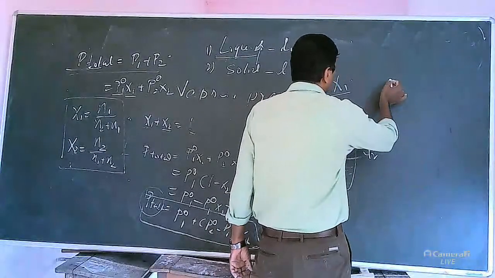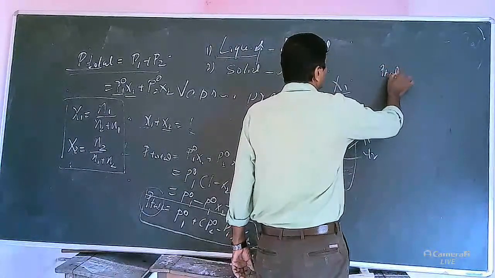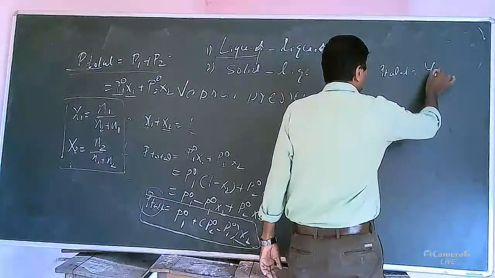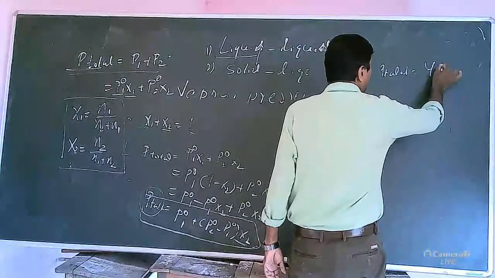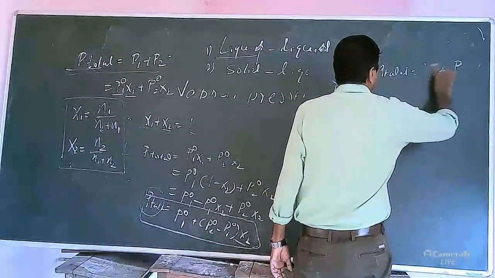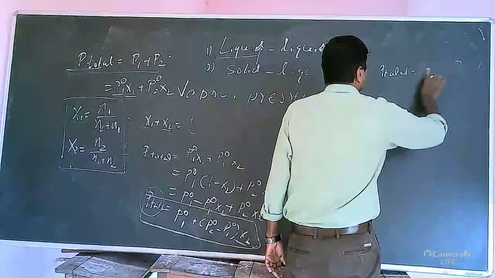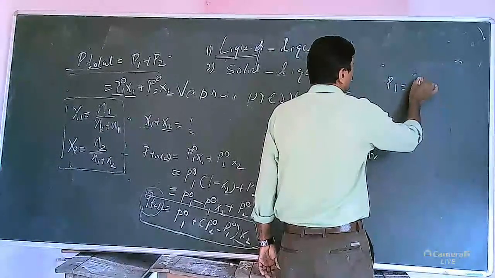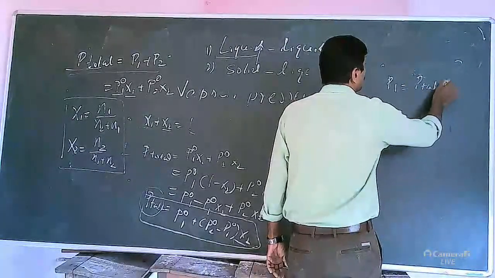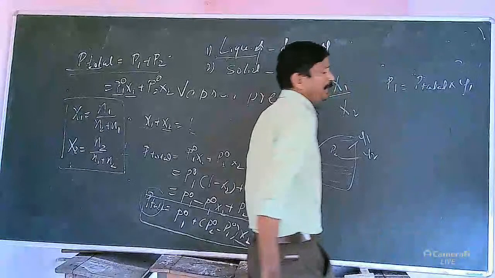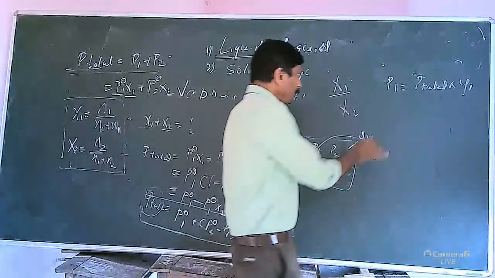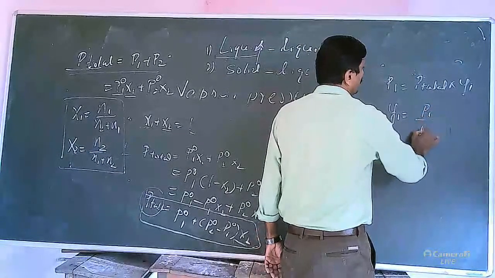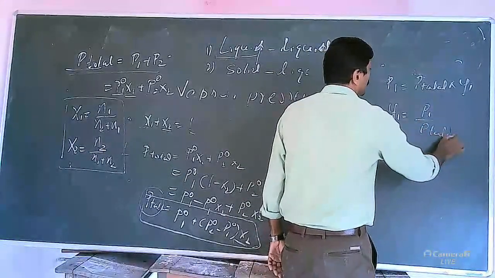Last year we studied that partial pressure is equal to the total pressure into its mole fraction, or mole fraction is equal to P1 divided by P total.